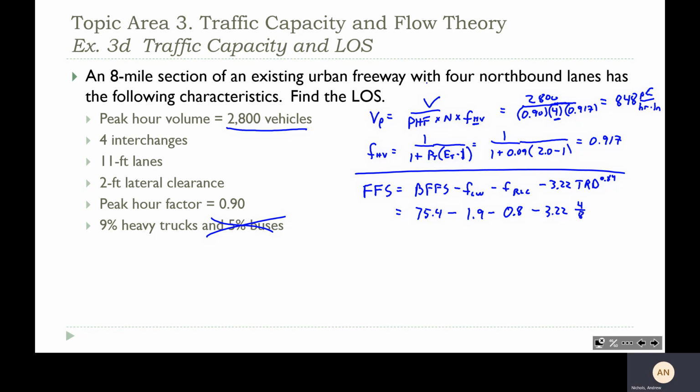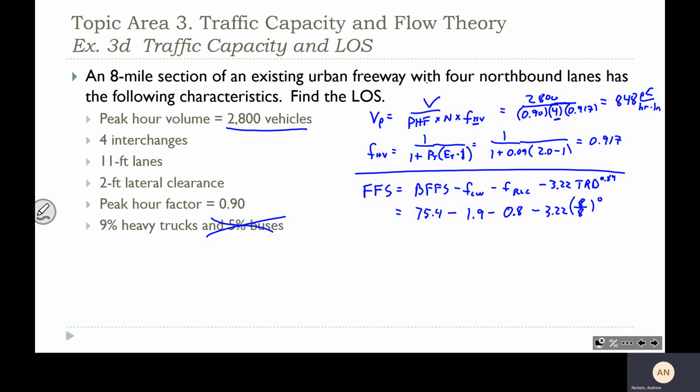Let's see what the units are on TRD. So it's ramps per mile. So technically, an interchange has how many ramps? On a given direction. So if we're just looking at a northbound direction, each interchange is going to have how many ramps to contend with? 2. So if we've got 4 interchanges total, then we would have 8 ramps total divided by 8 miles.